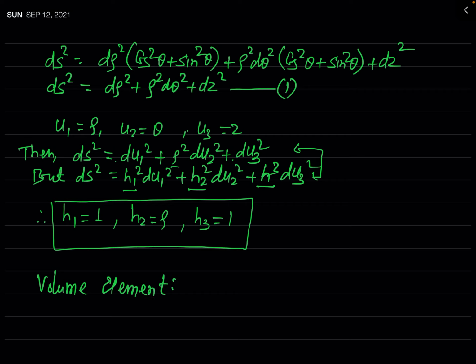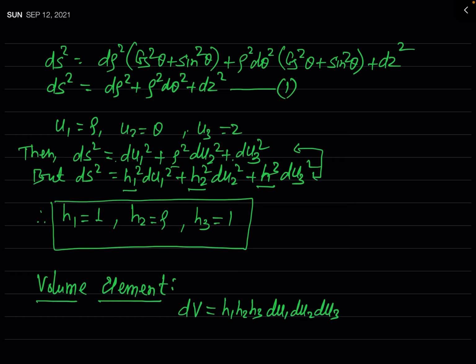This is a very important expression, and it will be used in almost all branches of physics in different topics you study. In general, in an orthogonal curvilinear coordinate system, the volume element is defined as h1 times h2 times h3 du1 du2 du3.